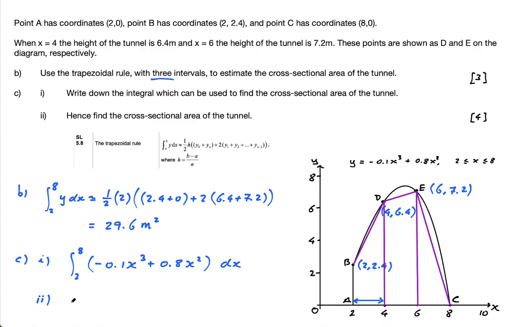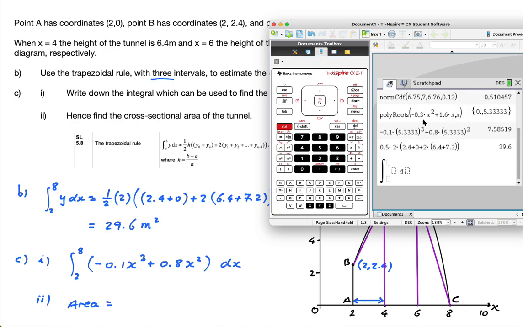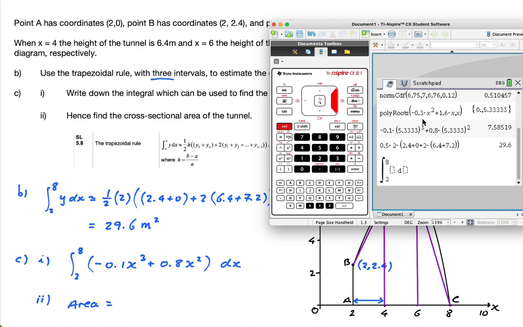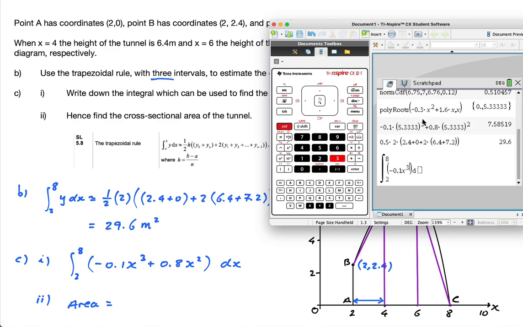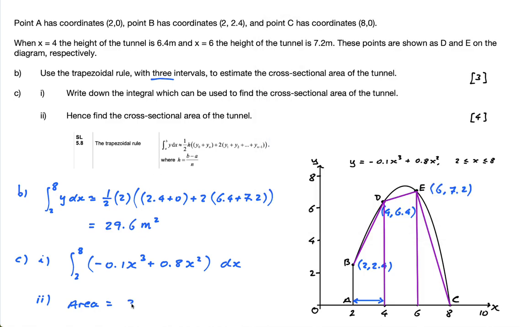So the area equals, I'm just going to put that straight into our calculator. You can go menu, calculus, numerical integral from 2 to 8, and I'll put minus 0.1 x cubed plus 0.8 x squared dx gives me 32.4. 32.4 meters squared.